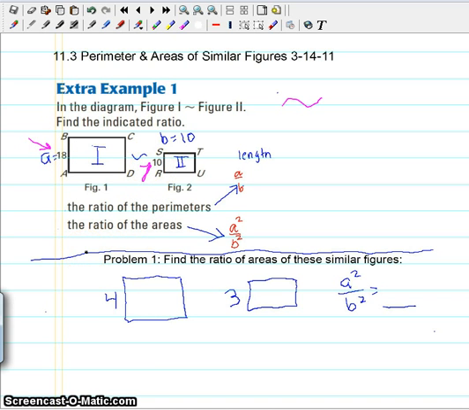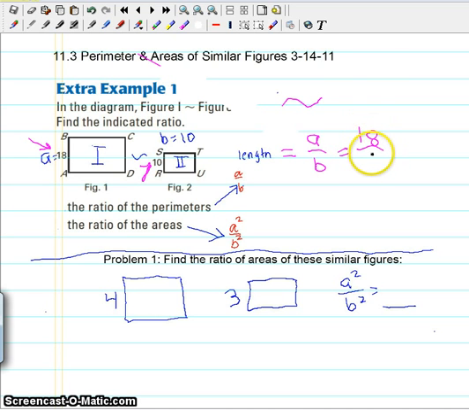Okay, so if we write a ratio of the lengths, A to B, we just take the side length A over B, that is going to be 18 to 10.